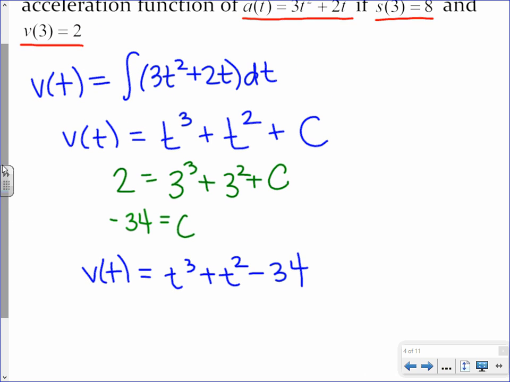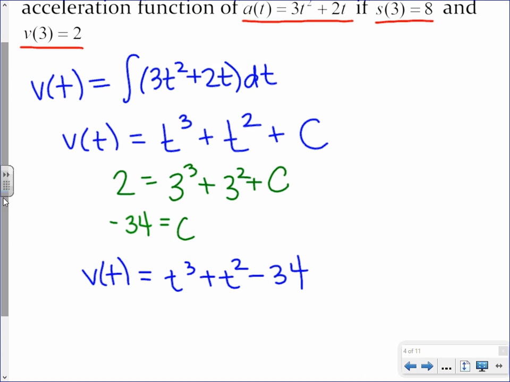All right. Now I would like you to go from velocity to position.